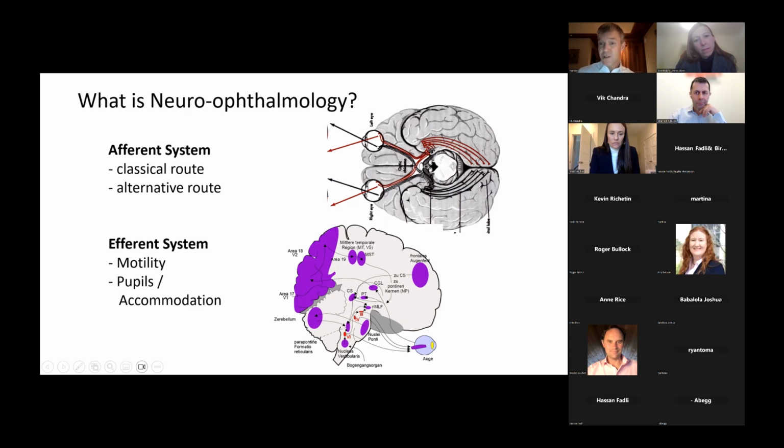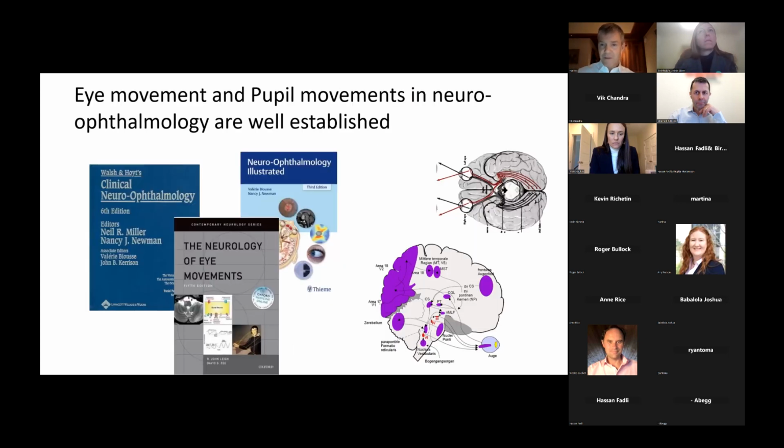So it's not a surprise whenever something breaks in the brain, that can cause a loss of function. And this function can be seen at the level of the eyes because eye movements may be affected or pupil movements may be affected. So that's how I spend my day, looking at eye movements and pupil movements.